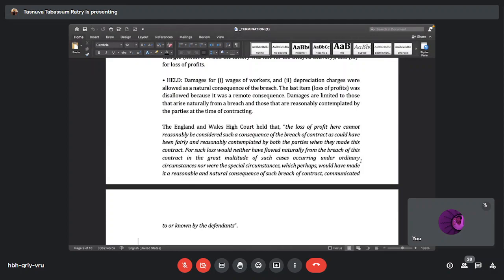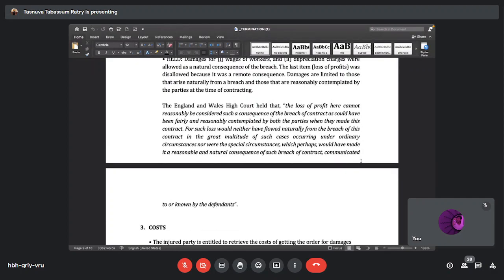The England and Wales High Court held that the loss of profit cannot reasonably be considered a consequence of the breach of contract, as it could not have been fairly and reasonably contemplated by both the parties when they made this contract.